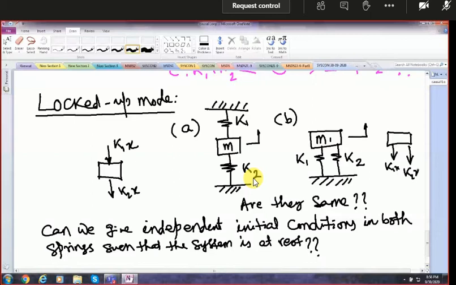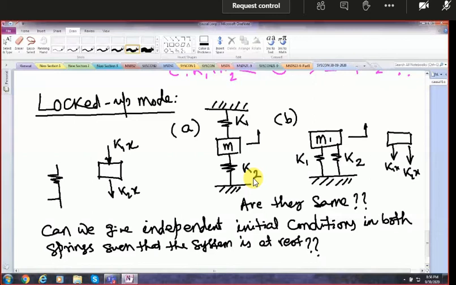But let's say the springs, we can pre-compress. Pre-compress means the spring goes through a slot, there is a knot to tighten. With that knot, we can give pre-tension or pre-compression to the spring.